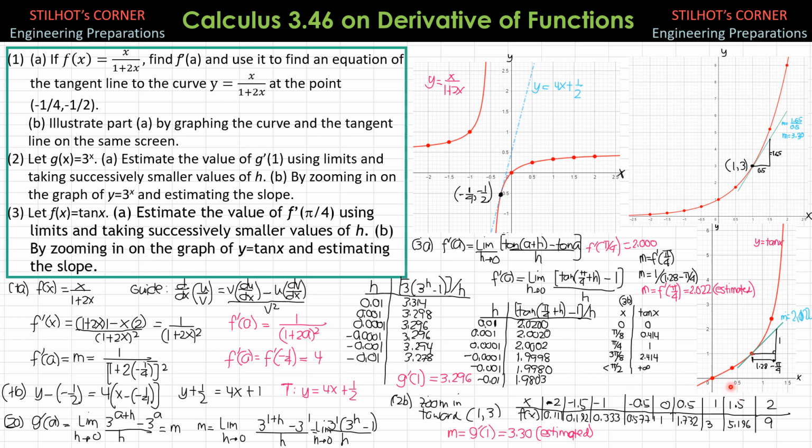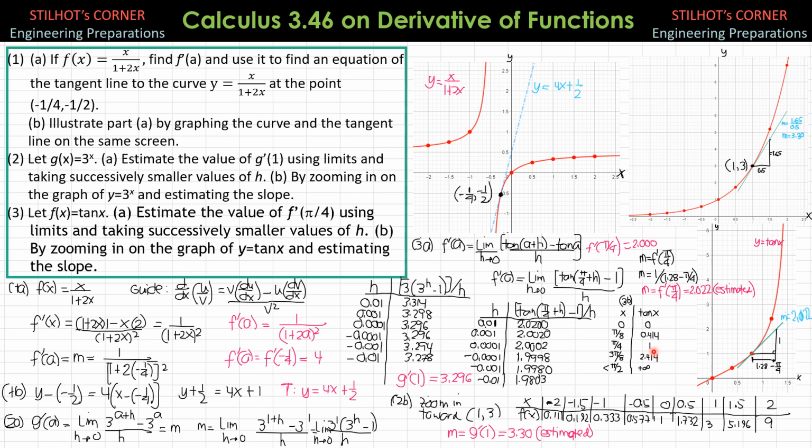Other values to consider. So we have 0, 0, pi over 8, tangent of pi over 8 is 0.414. So here, this is pi over 8. Then this is pi over 4.